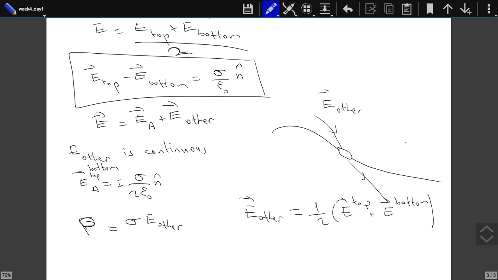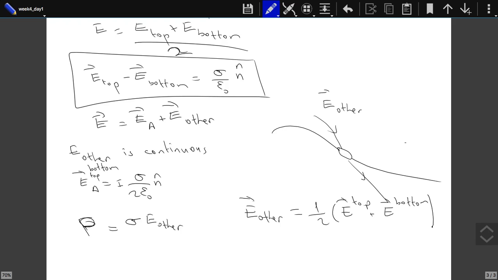So because the electric field at the top has this EA with the plus sign, the electric field at the bottom has the same EA with the minus sign. When I add them up, this EA, the electric field created by that very small patch, just cancels. What remains is the electric field created by the other charges, which is the same for E top and for E bottom because that is continuous.